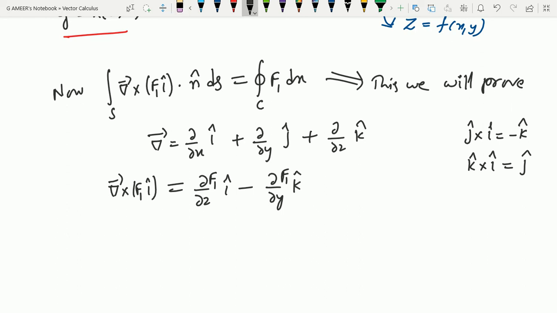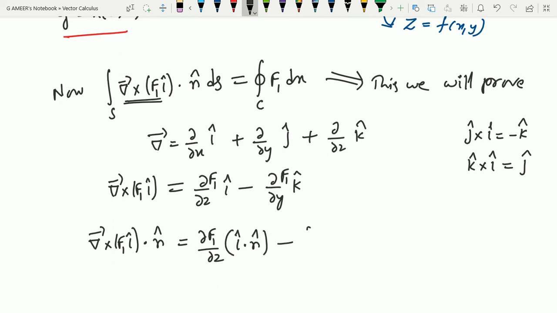Okay. So now this term is over. The next term will be n cap dS. So let's see here. Del cross f1 i dot n cap is dou f1 by dou z j cap dot n cap minus dou f1 by dou y k cap dot n cap.